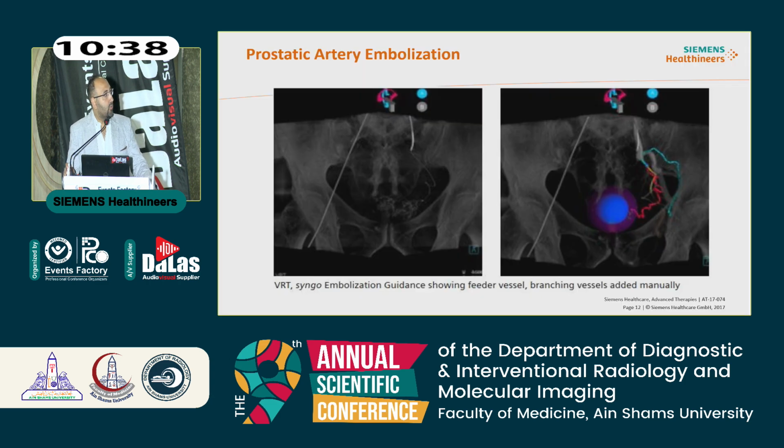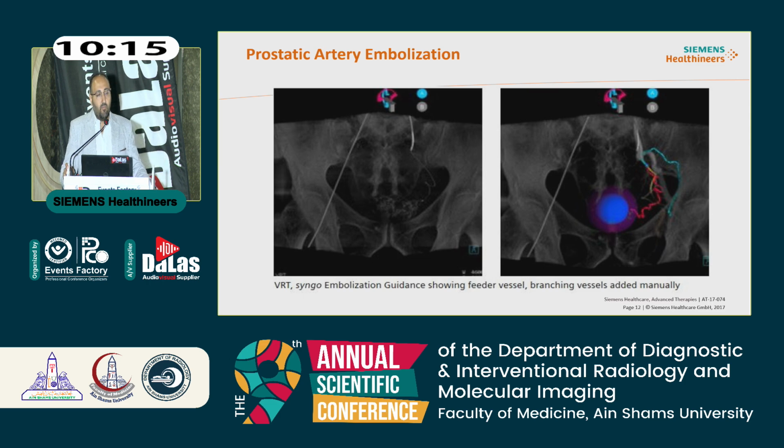Embolization guidance is not only for chemoembolization of liver cases; we can use it in any embolization procedure. So we can also use it for prostatic artery embolization. As we see here, we just need to mark the prostatic adenoma or the prostate itself, and the system will calculate the branches.